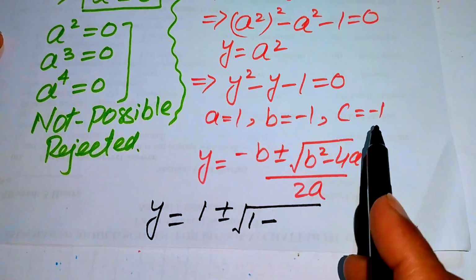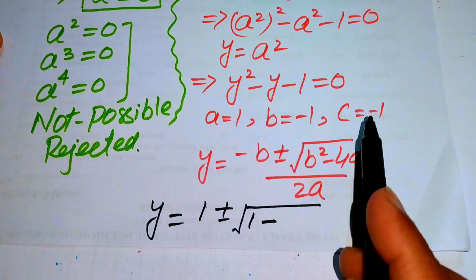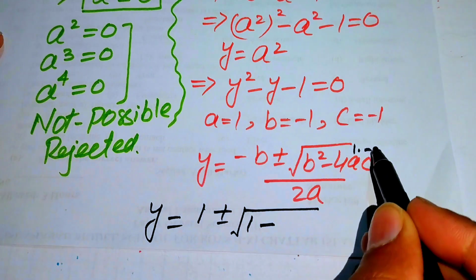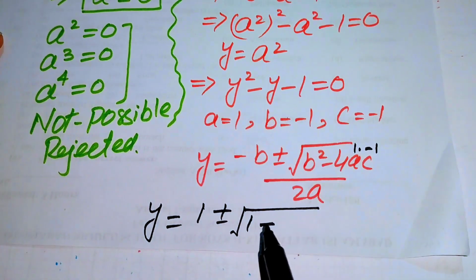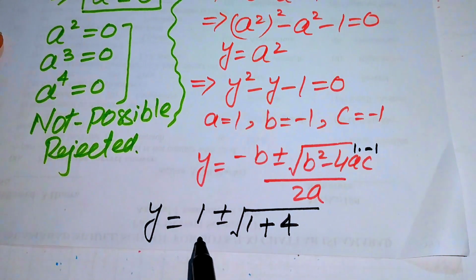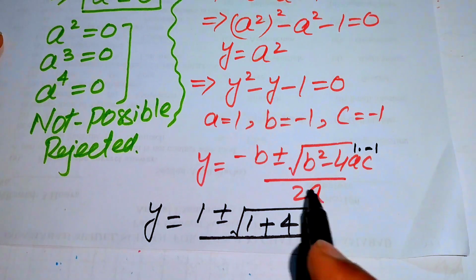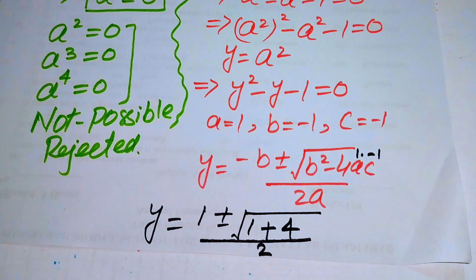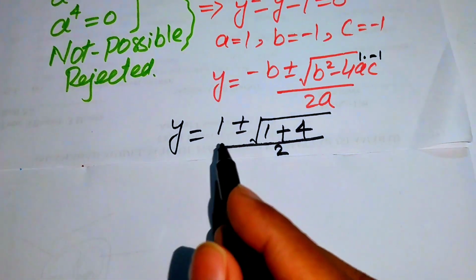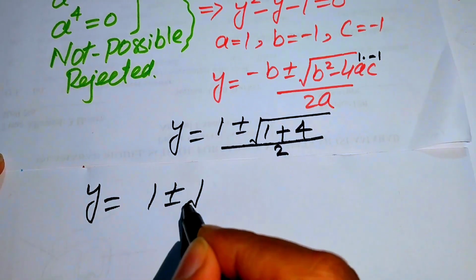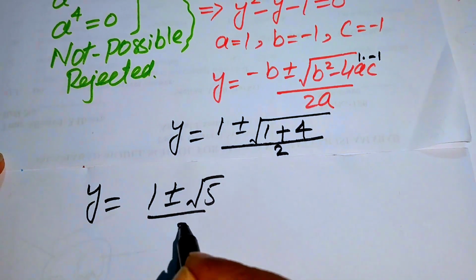Our a is 1 and c is minus 1, so this minus and minus becomes plus, and 4 times 1 is 4, and this whole expression is divided by 2 times a. Our a is 1, so it becomes 2. So this equation becomes y equals 1 plus minus square root of 5 over 2.